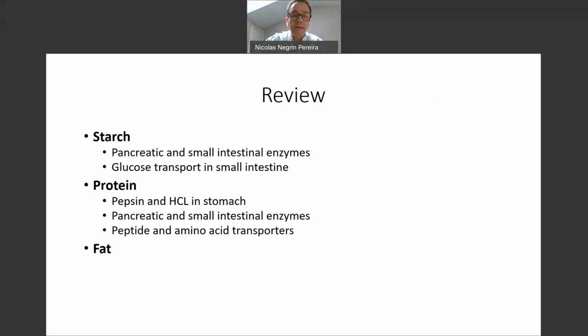And we have the fat, with the action of the bile salts, which are fundamental for the emulsification process, allowing the enzymes to digest lipids.